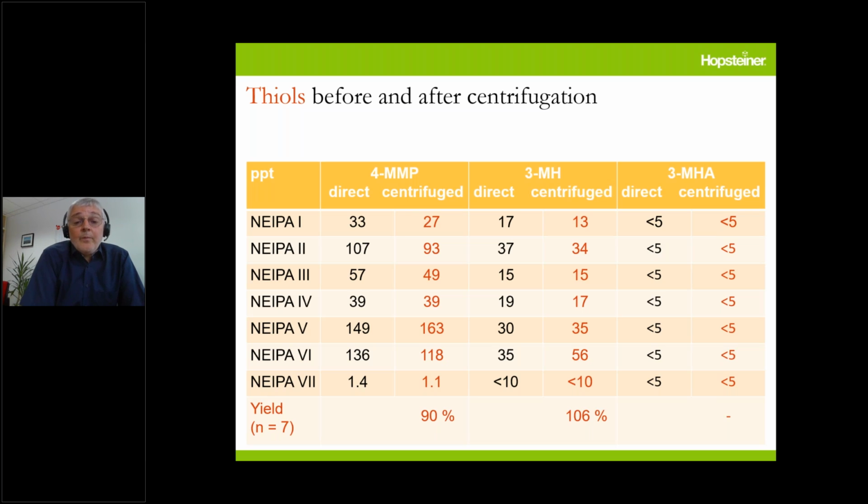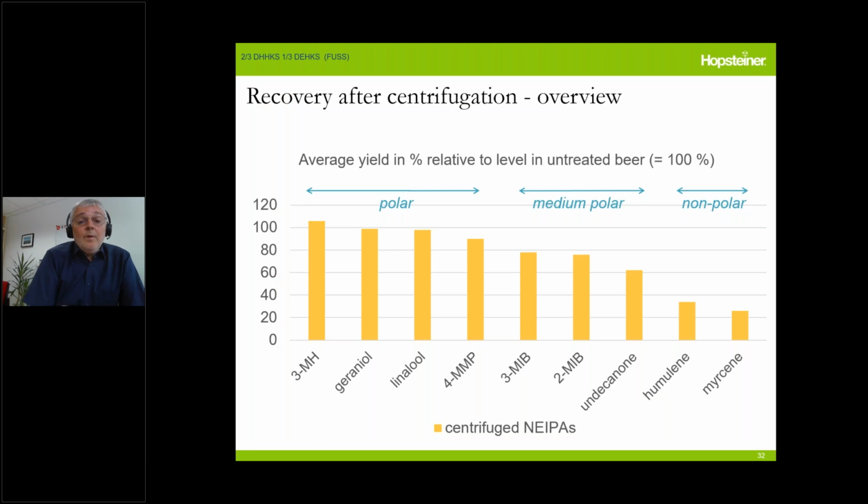To sum up these studies on the centrifugation, you see, let's say, 3 types of compounds. You see the very polar compounds, the 3-MH, the geraniol, the linalool, or the 4-MMP, for example. They are recovered at a very high rate after centrifugation, always higher than 80%. Then you have the medium polar compounds, the esters and the undecanone.